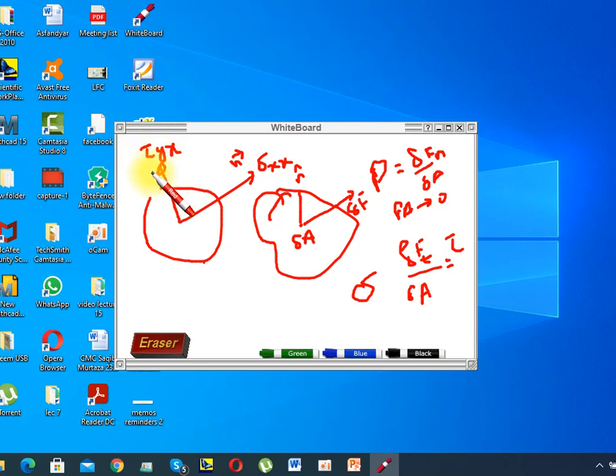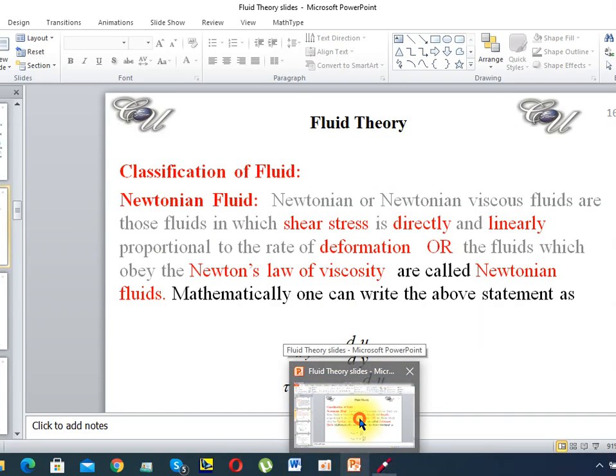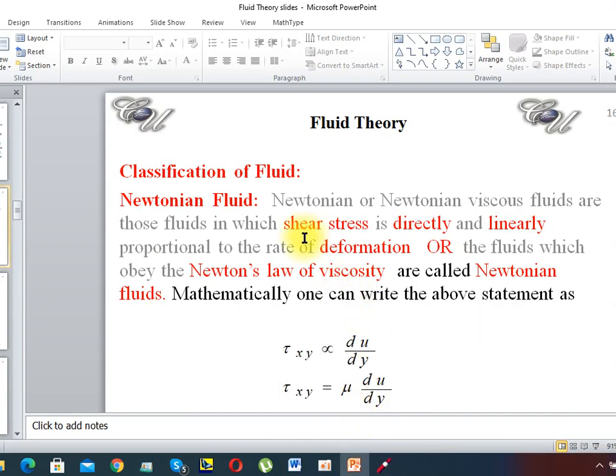So the fluid's motion is caused by these shear stresses or tangential stresses. These stresses are responsible for the deformation of the fluid or the motion of the fluid.